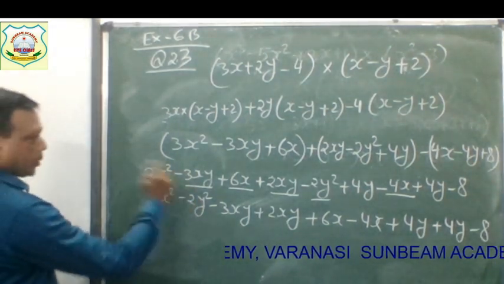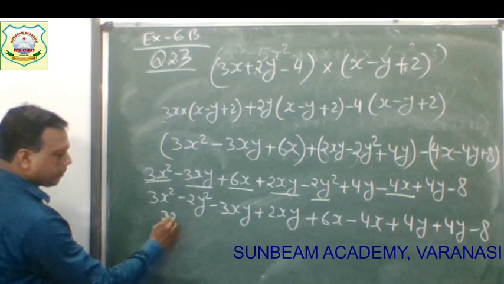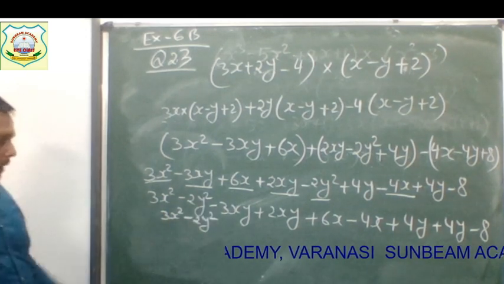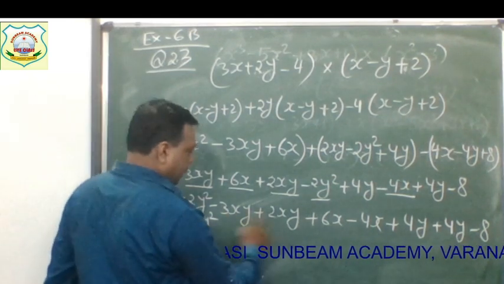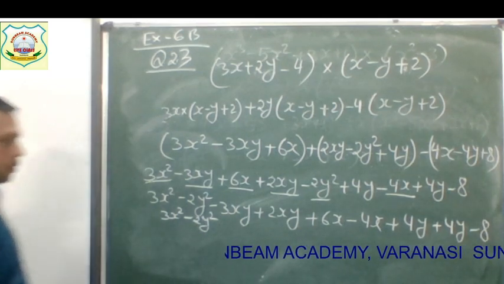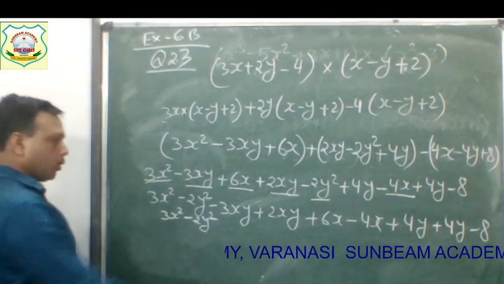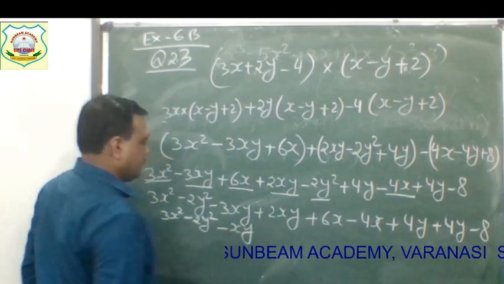3x square minus 2y square, it will come the same. Minus 3xy plus 2xy, variables are same, like terms, so minus 3 plus 2, but what sign will come? Minus, because minus sign is greater. Minus 1xy or minus xy.